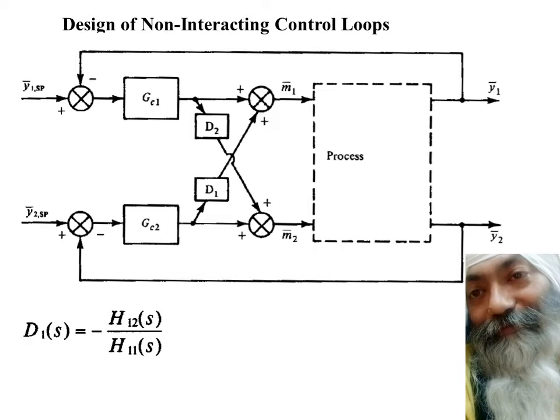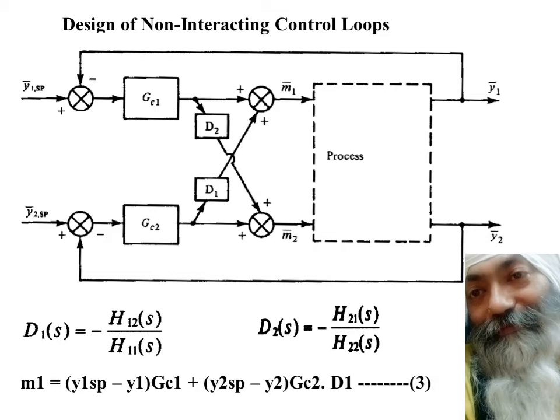We had seen that D1 was nothing but minus H12 upon H11, and I had given you a very simple trick: in case you want to design D2, this H12 will become H21 and this H11 will become H22. So once D1 is known, D2 is simply obtained by replacing 1 with 2 and 2 with 1.